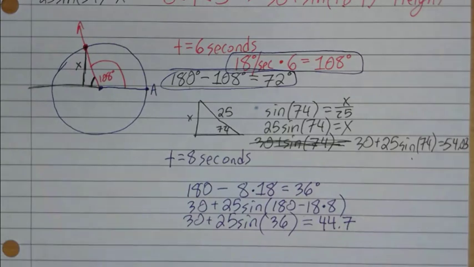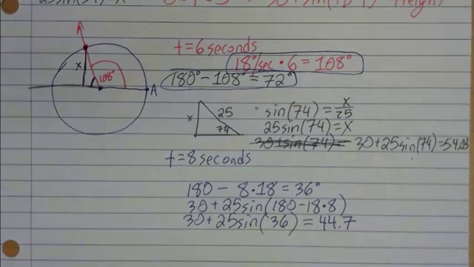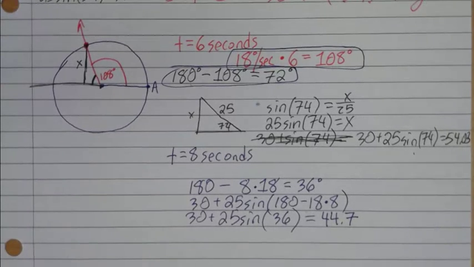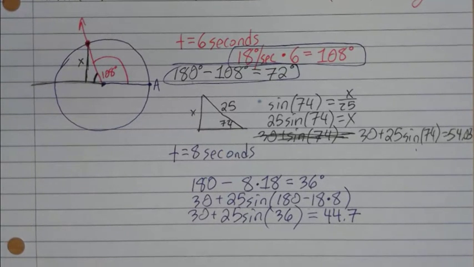And so we can now apply that to more parts around the circle. If we're going 18 degrees per second around the Ferris wheel, we can apply that to the rest of our numbers around the circle. Because if we go past our numbers, we can just keep applying this.